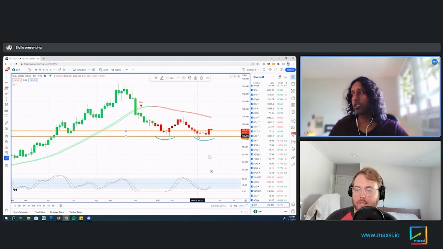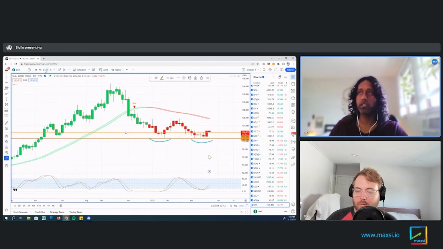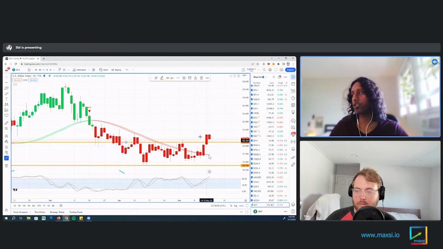And so I think what the DXY is trying to do, if we change this to the daily chart, you can see that it's dropping. What it's trying to do is basically flip this line to support.